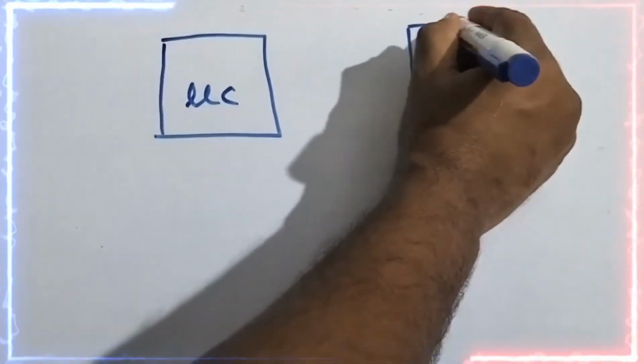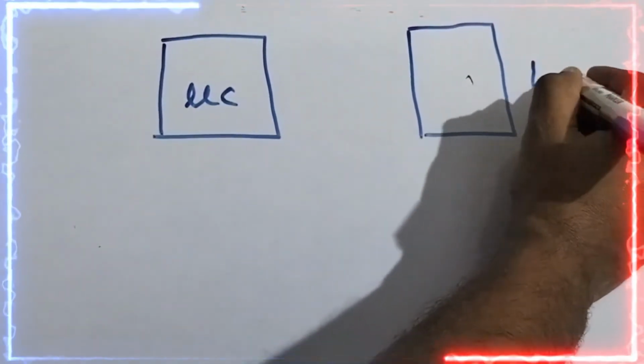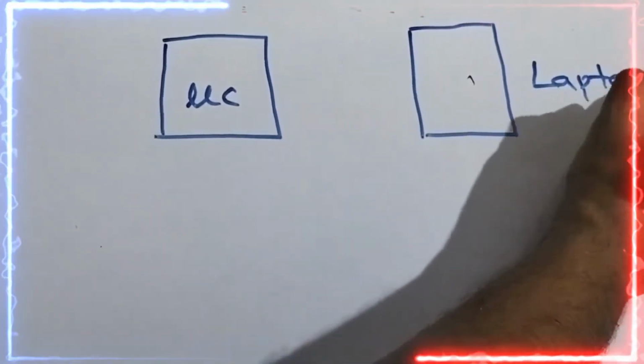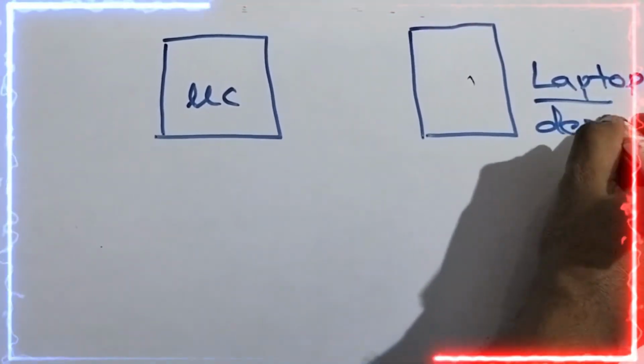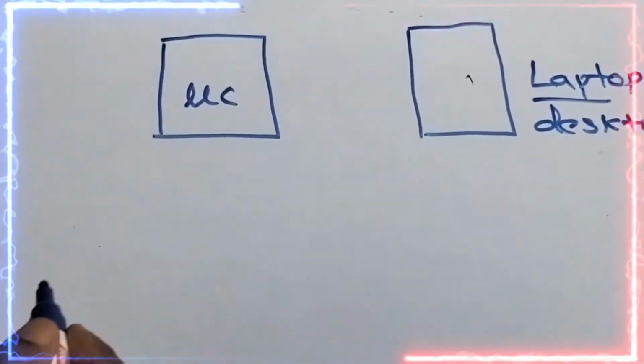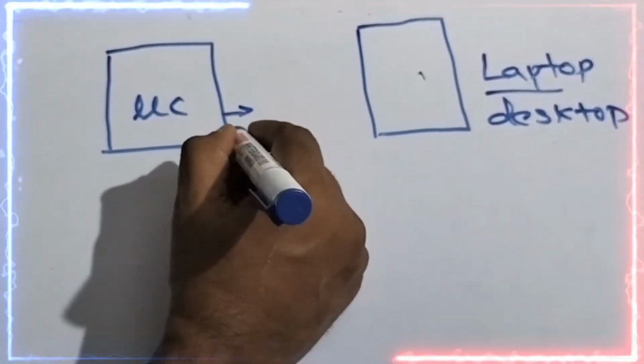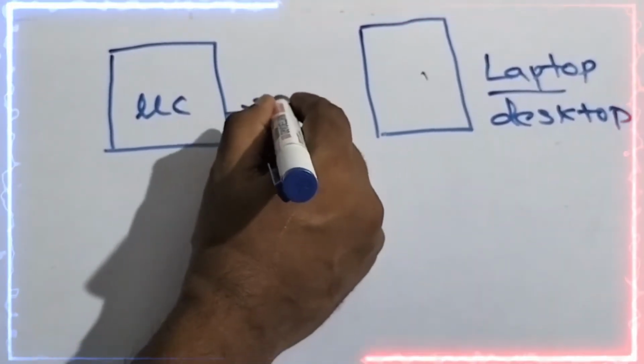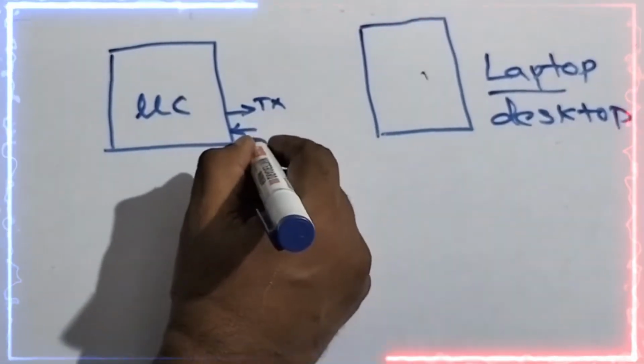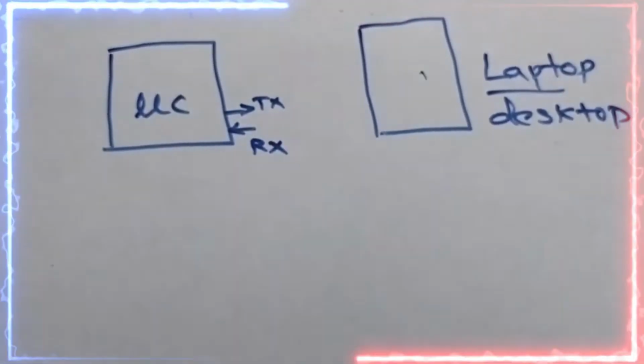Now let us see some basics of how the transmitter and receiver work. This is the microcontroller, and the other end will be the laptop or a desktop, friends. The microcontroller has two pins: one is the transmitter, with direction towards the outside, and the receiver, with direction towards the inside.